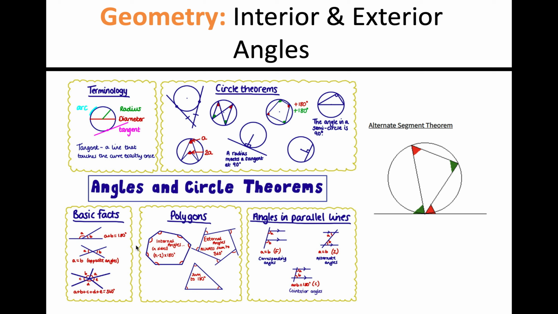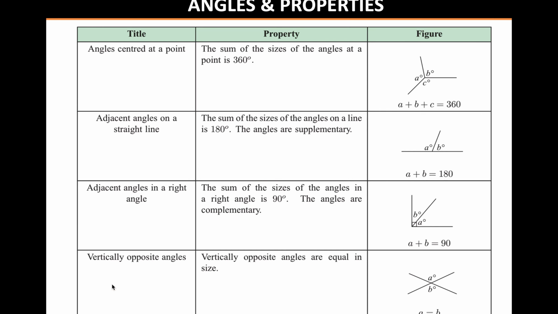So we will focus on this polygons part. And of course, we also have all the basic facts throughout our calculation. We have the concept of straight angles on a straight line. The sum will be 180, vertically opposite angles are the same, and angles in a full turn is 360.